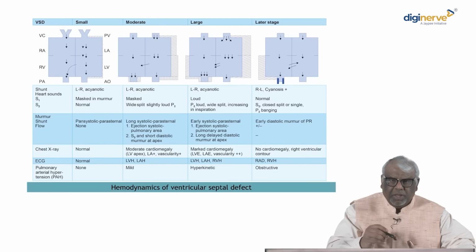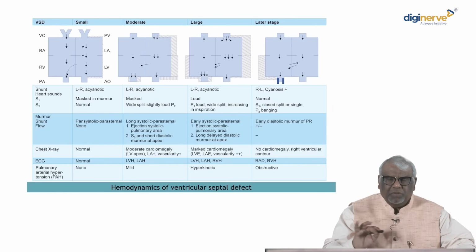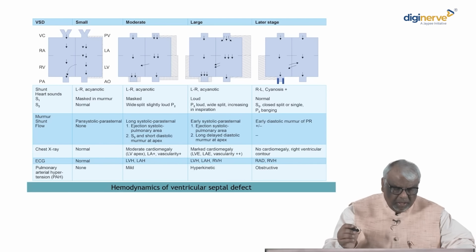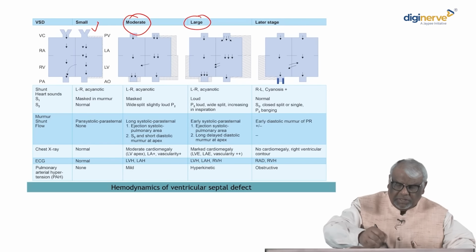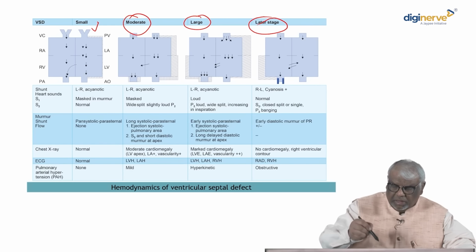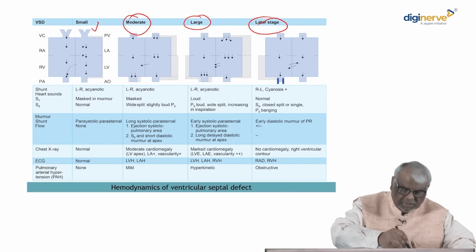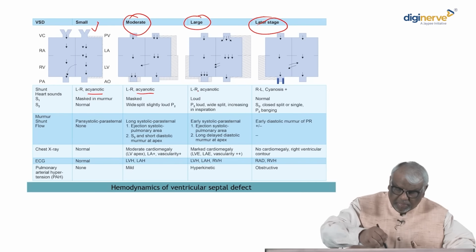Now, if we see the same picture again, we have already discussed all these: this is the small VSD, the first one, this is a moderate and this is a large VSD, and then this is the later stage we did not discuss, and all these are acyanotic.